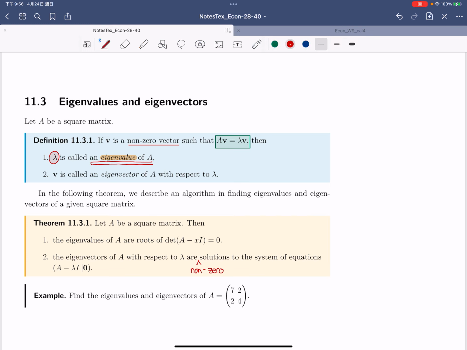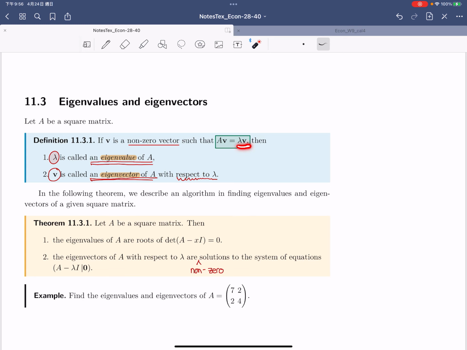Phi is called an eigenvector of A, but with respect to this eigenvalue, with respect to lambda. So just terminology, eigenvalue and eigenvector. So rather than calling it lambda and phi, we call it a special name.